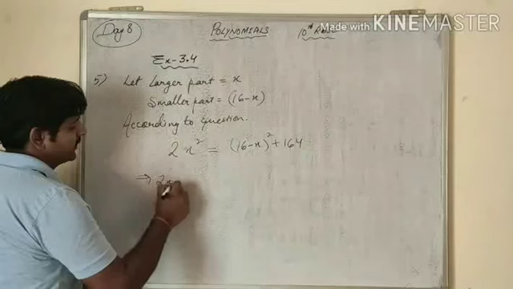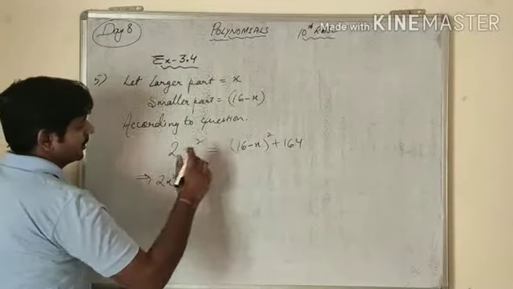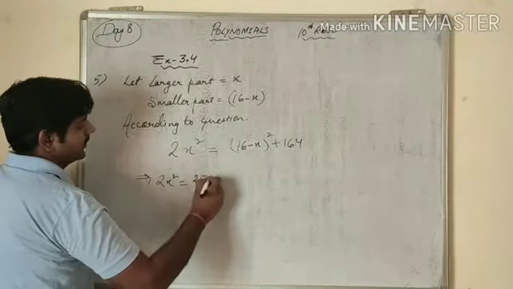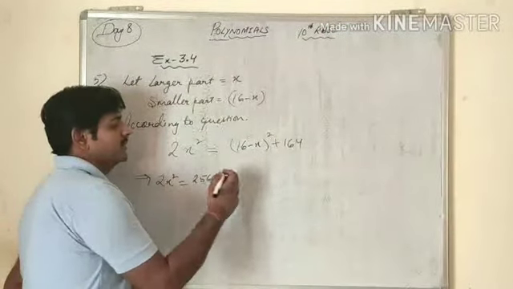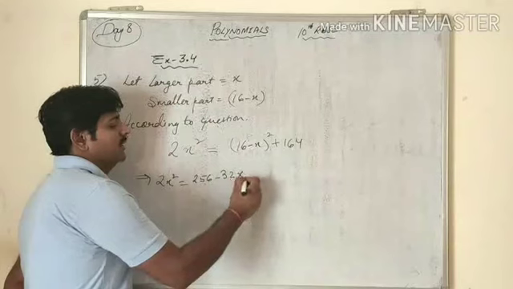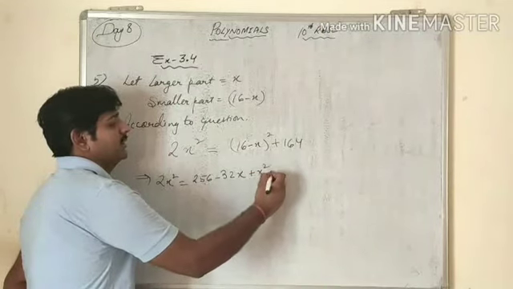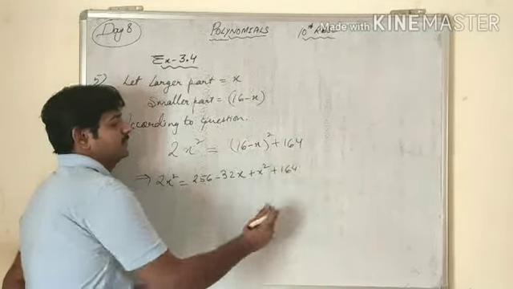This is 2x square equals the square of 16, which is 256, minus 2ab, so 16 times 2 is 32, so 32x plus x square plus 164.